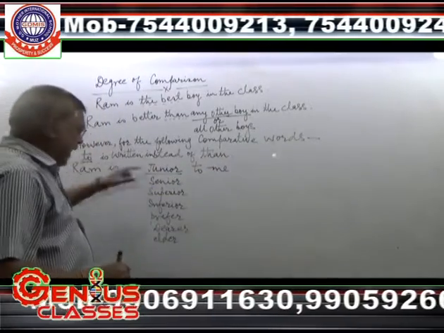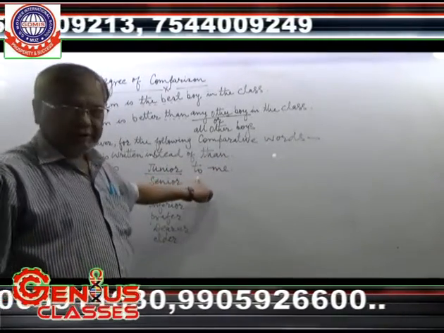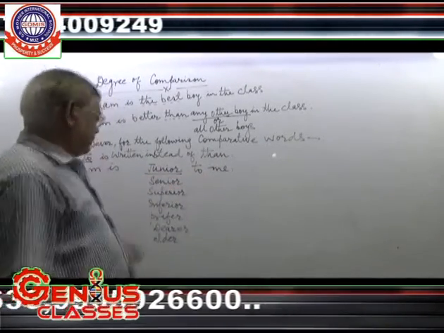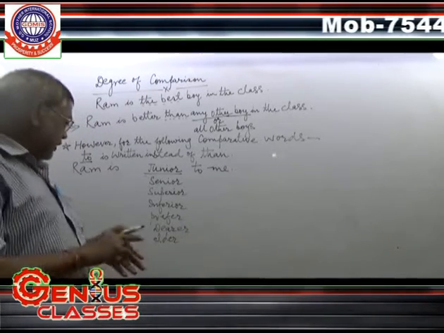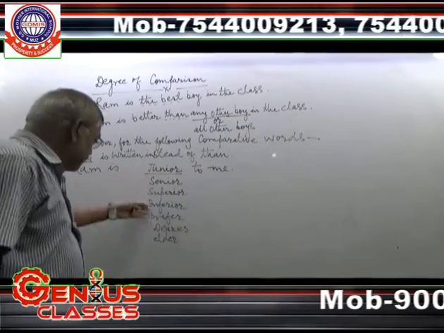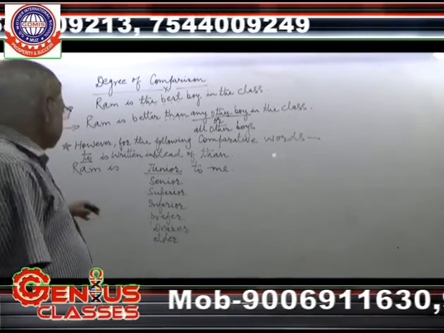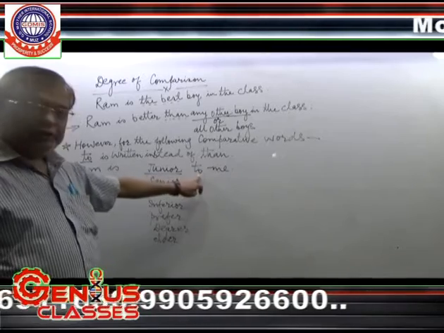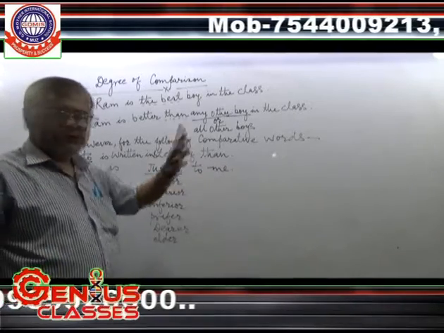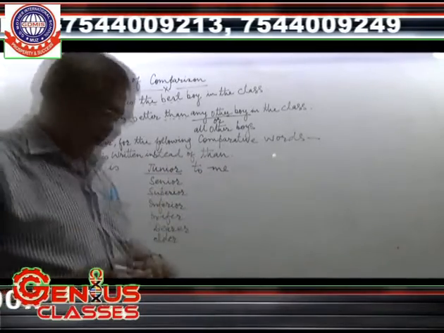So instead of than, the to is used over here. Same like senior, superior, inferior, prefer, dearer, then elder. These are all the comparative words, for which instead of than, to is used. So this was for the comparative degree.